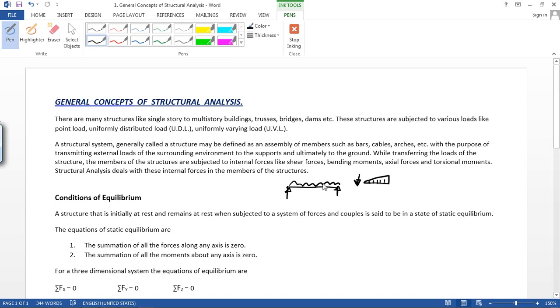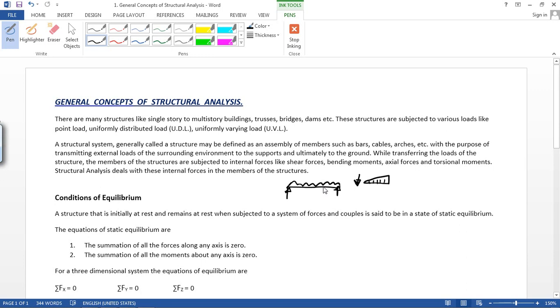Okay. If some load apply on a member or beam, structure will have some reaction such as shear force and bending moment. The analysis of structure involves determination of these quantities. Quantities means the value of shear force or value of bending moment.